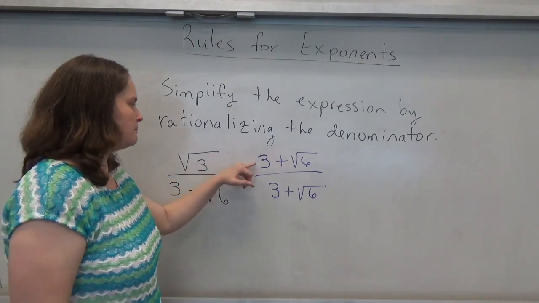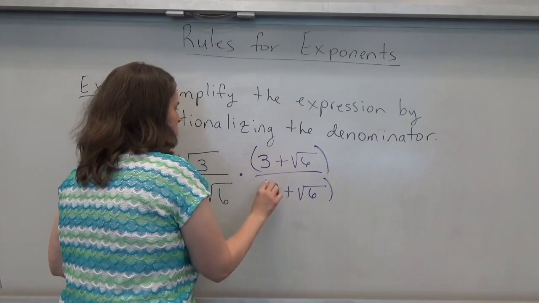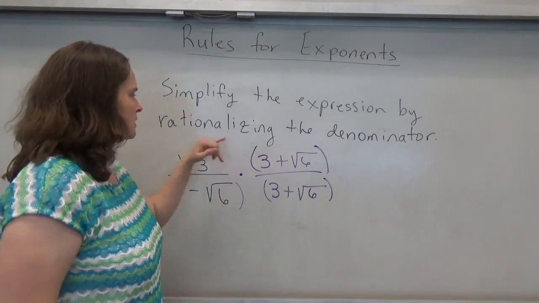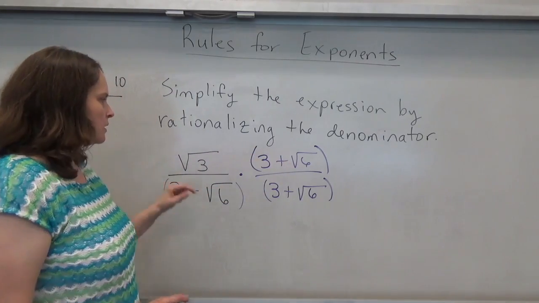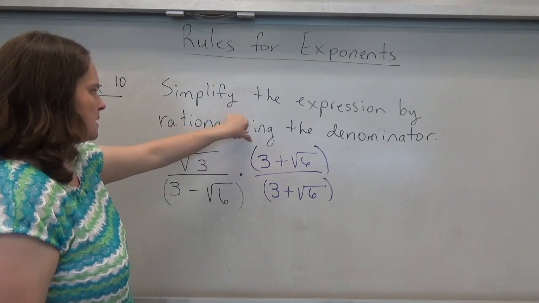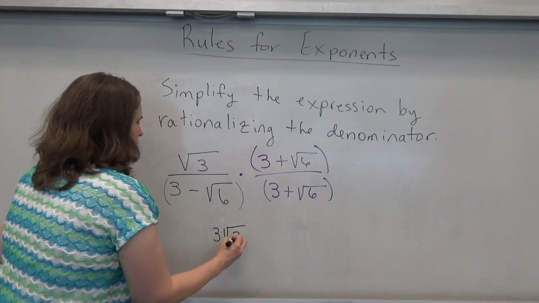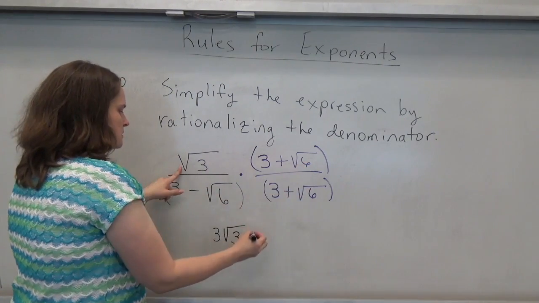Because you are multiplying binomials, it's very important to include parentheses around each of these binomials, because we have to multiply every term here with every term here, and same down here. So we're going to distribute in the top. Square root of 3 times 3 gives me 3 square root 3, plus square root of 3 times square root of 6.